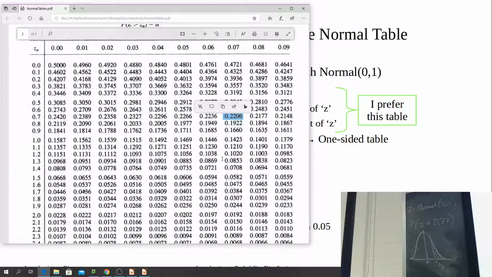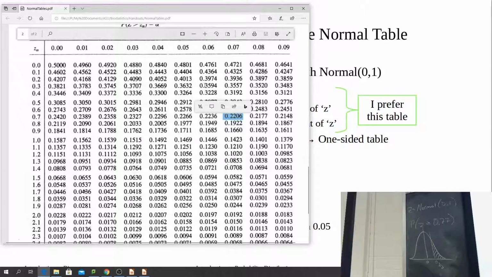We're not at that. 1 standard deviation is about 68%, so we have about 16% in each tail. We're not quite at a full standard deviation at 0.77, so 0.22 makes a little bit of sense.